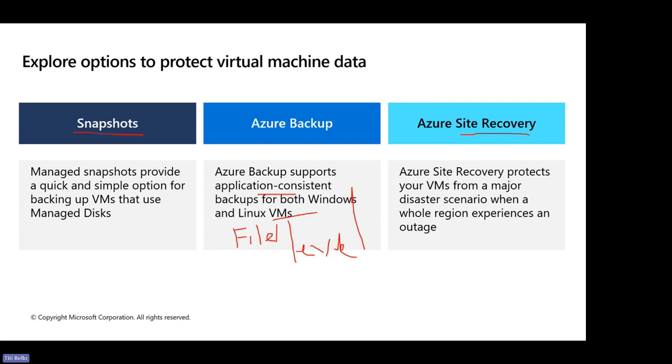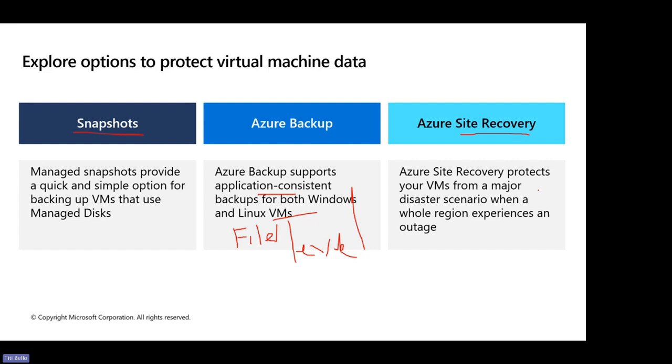And finally, you have Azure Site Recovery. Azure Site Recovery allows you to have a recovery site. It goes beyond backup. It means you are backing up to another region. You can back up your on-prem data center to Azure Site Recovery.